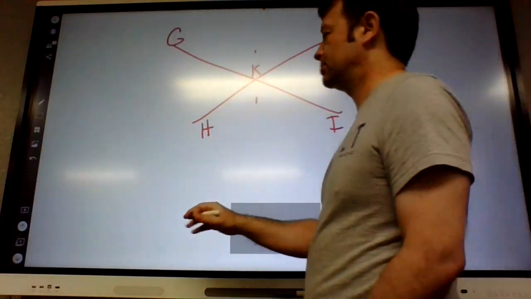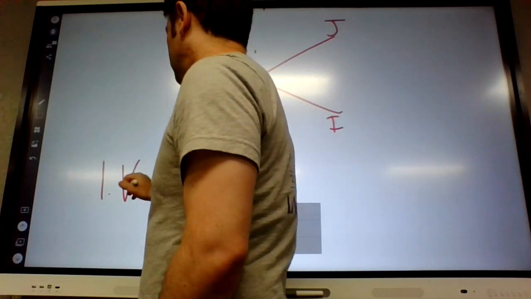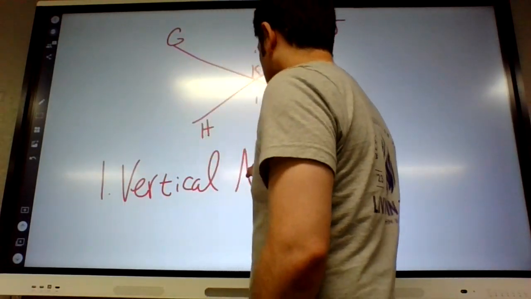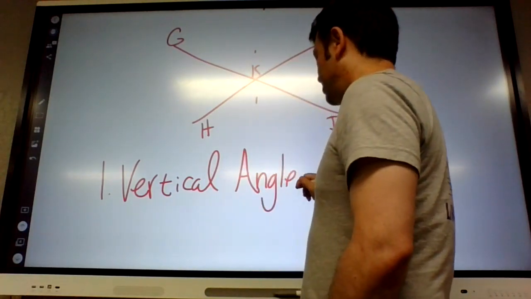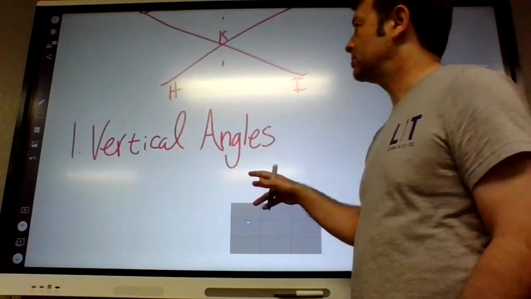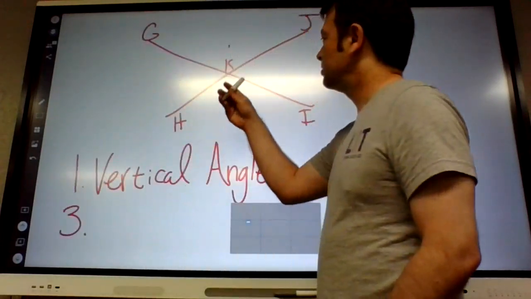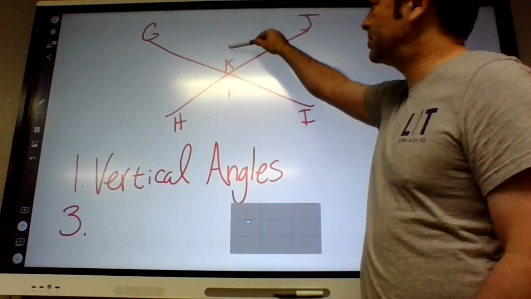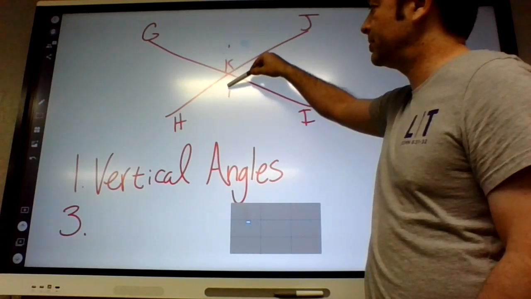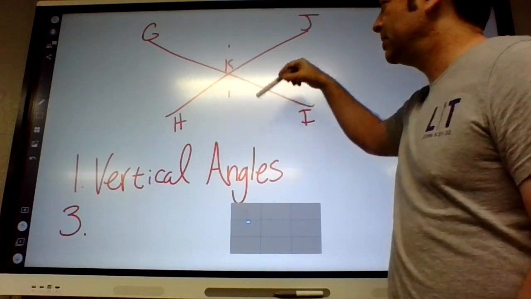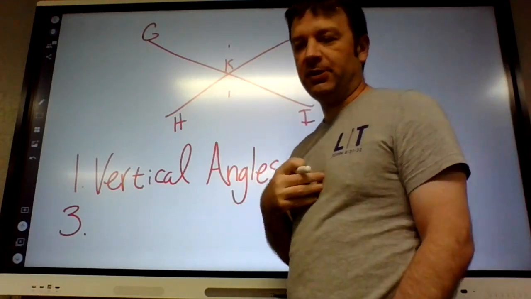Vertical angles. And what do we know about vertical angles? They are supplementary. No. They add up to 180. No, that's what supplementary means. These two are not supplementary. They're congruent. Vertical angles are congruent. Remember? Oh, yeah. We have the 50, 130, 50, 130 thing.